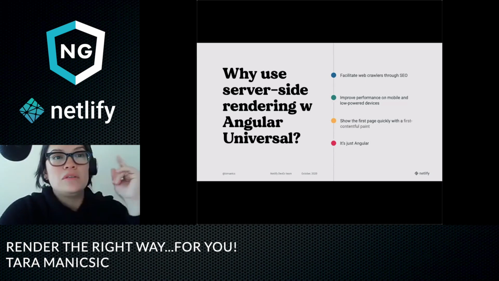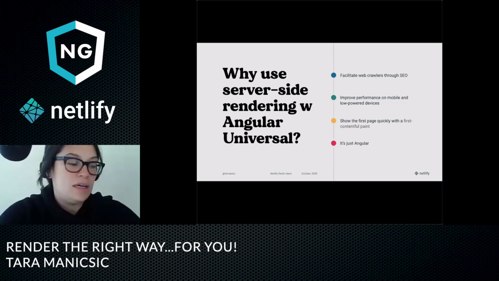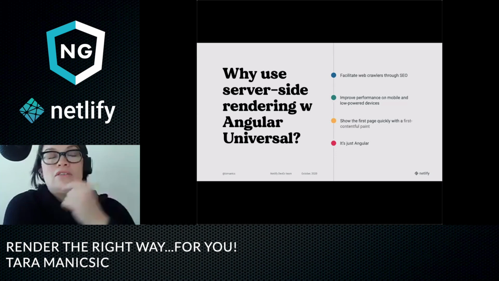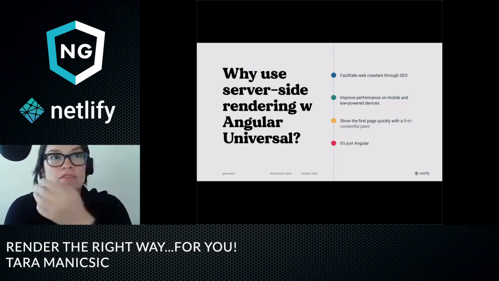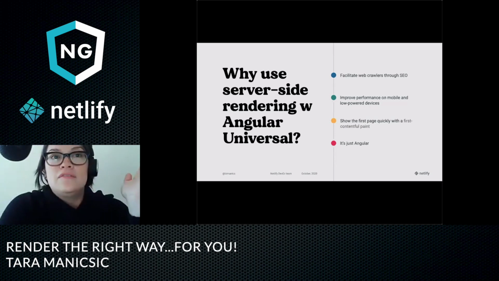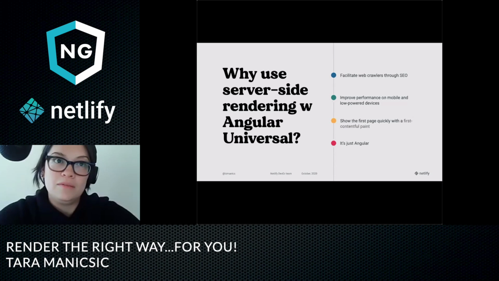We'll also talk about ways you can look in Chrome tools and toggle the speed at which your application renders, so you can test that out and see for yourself how it improves performance. And it shows the first page quickly with a first contentful paint that we talked about earlier. Again, that's because you're immediately serving up the HTML rendered pages from the server.